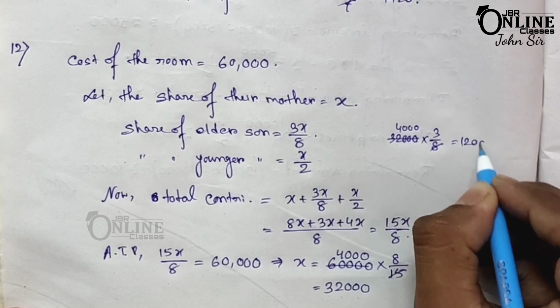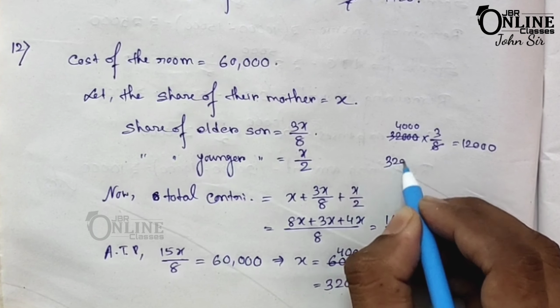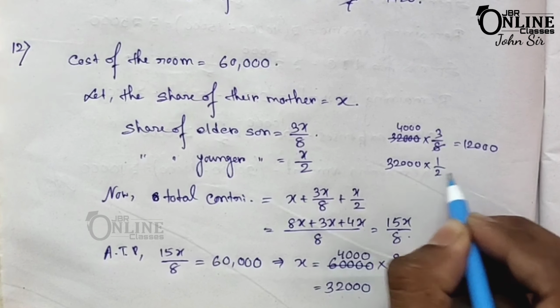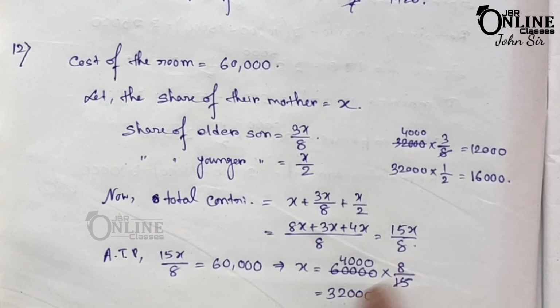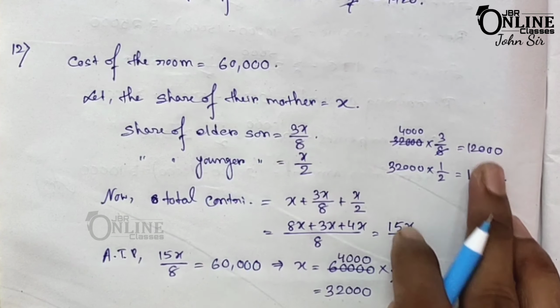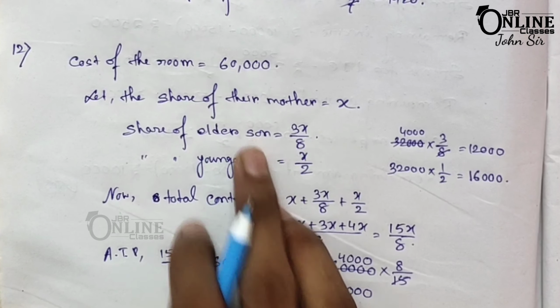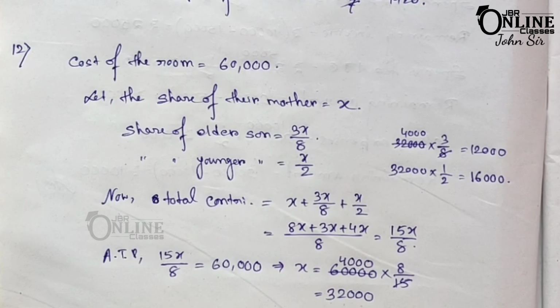So it's 12,000. So 12,000 rupees is the elder son's share, and the younger son's is half, that means 16,000. Okay, so these three are the answer: 32,000 the share of the mother, 12,000 the share of the elder son, and 16,000 the share of the younger son.